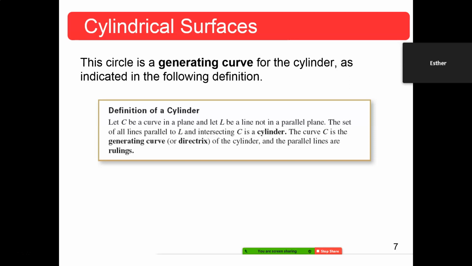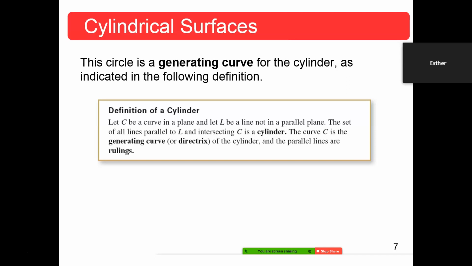L is any line not in a parallel plane, so L is going to cross the plane where C is located somewhere. Now L does not have to be perpendicular. It can be at any angle whatsoever except parallel. The set of all lines parallel to L intersecting C is called the cylinder. So it doesn't have to be perpendicular.